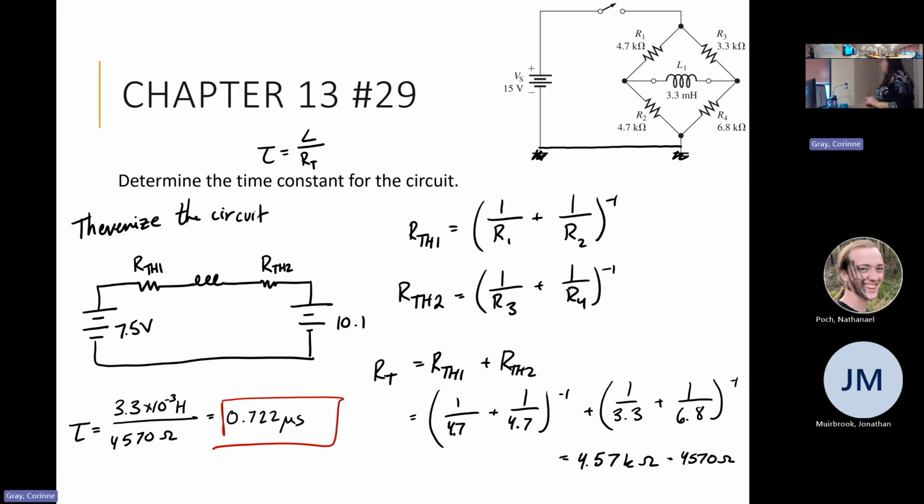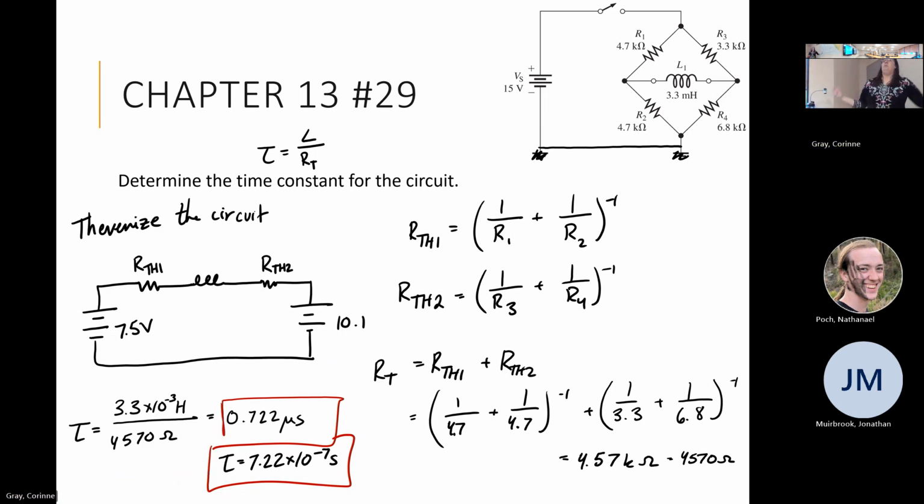You are always welcome to leave it in seconds. You do not have to put it in microseconds. So if you left it in seconds, you would have tau is equal to 7.22 times 10 to the negative 7 seconds. Both of these answers are valid. Why don't they put it into 722 nanoseconds?